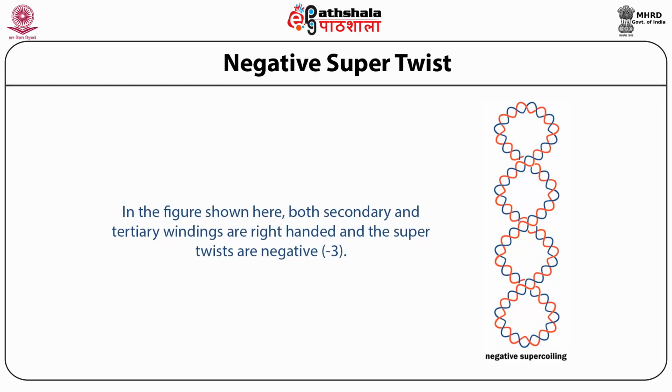We show in this picture a negative supertwist. Both secondary and tertiary windings shown in this figure are right-handed, and the supertwists are negative, equal to -3.